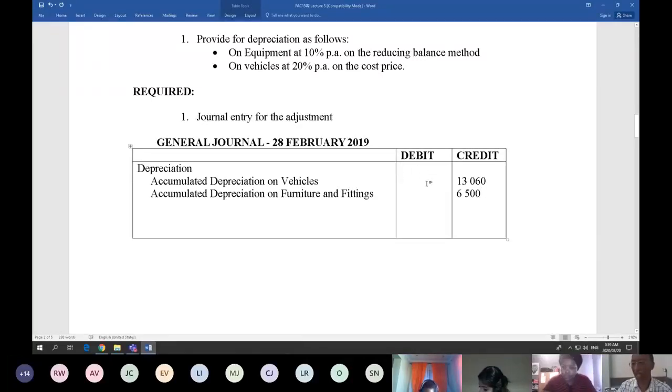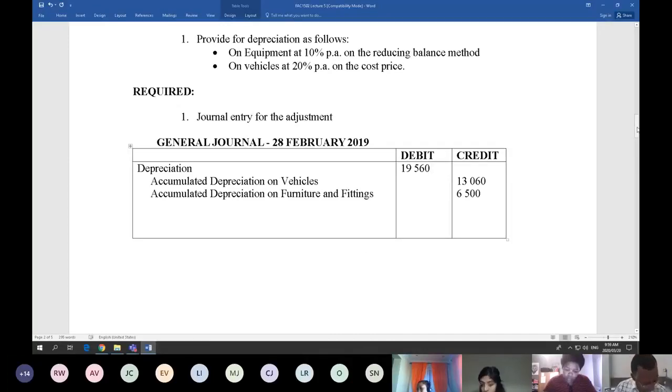Your total depreciation expense is therefore 19,560. All clear on that one? Depreciation expense for the year is 19,560.